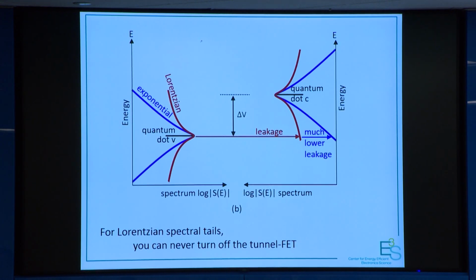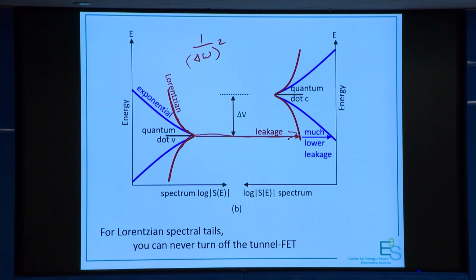The Lorentzian line shape falls off as 1 over energy squared, or let's say omega squared. That's a slow algebraic fall off. So I have my line that has a certain shape, and Lorentzian is very broad. It's probably the broadest line shape you could imagine. And then I'm going to have leakage and say, oh, look at this. And yep, I got a big density. I can't turn this device off.